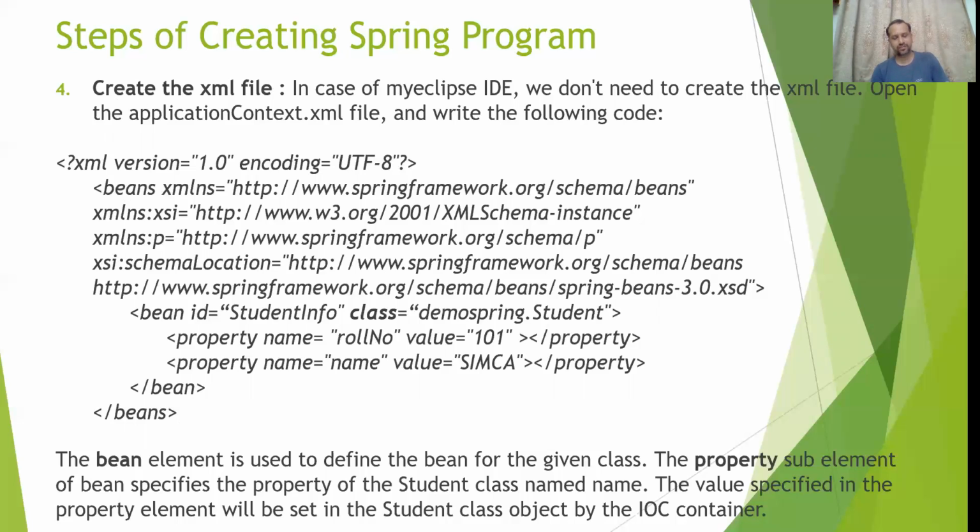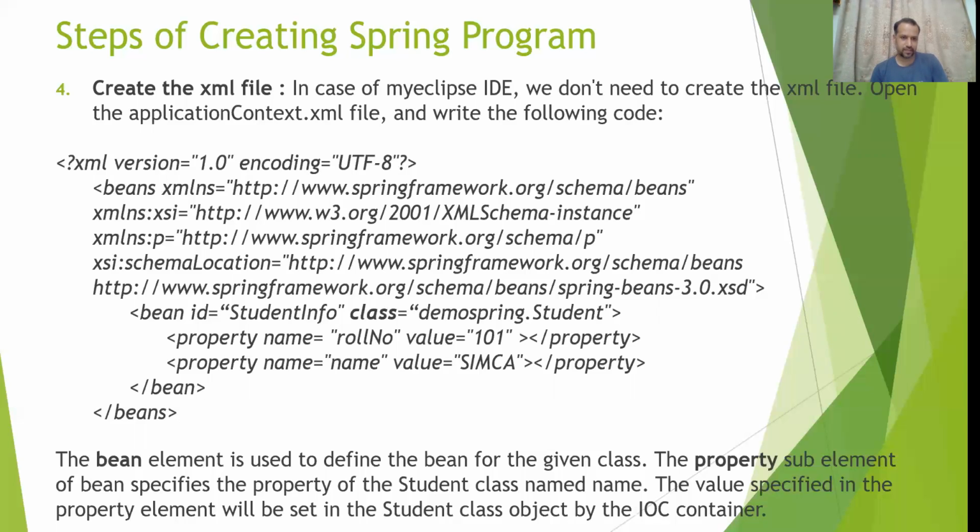Just right click on your project, create one XML file, and mention the name applicationContext.xml. This name you can define as anything, but remember the name, and it should come under the source folder, the src folder, as I explained in Eclipse also.